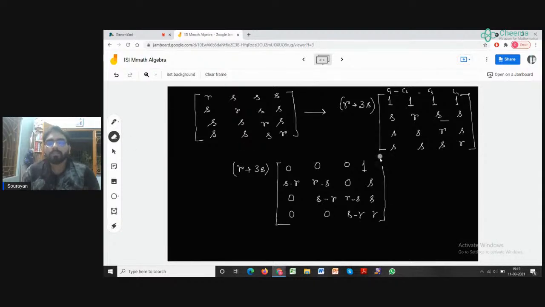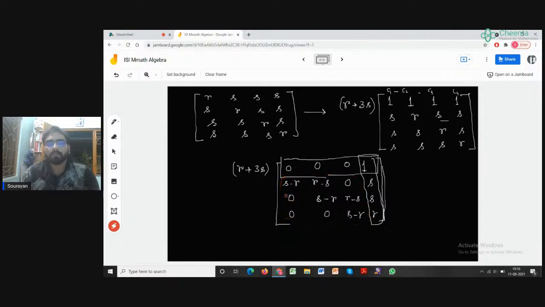Now you see that the same pattern is practically following, because the only column and row that we are worried about are these. So the minor is this one. What is the determinant of this?